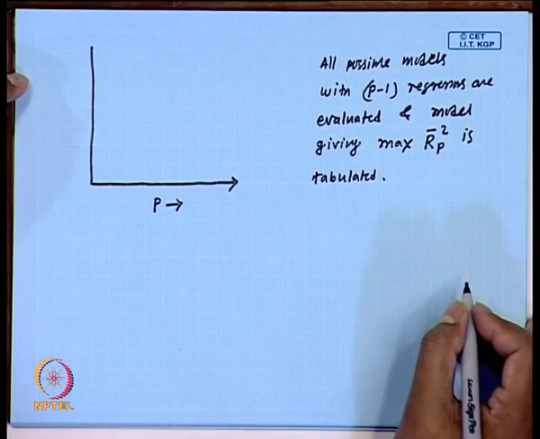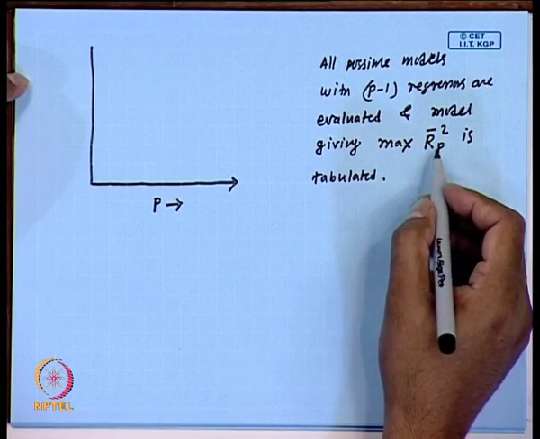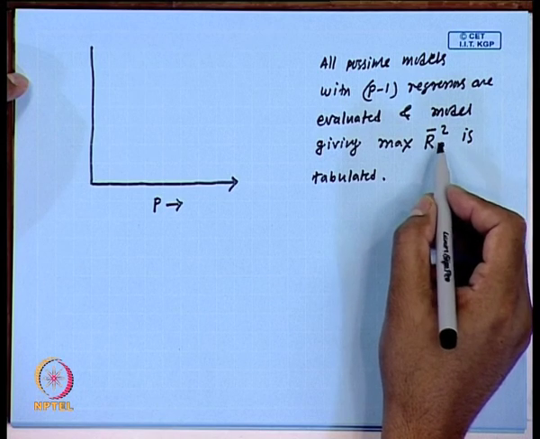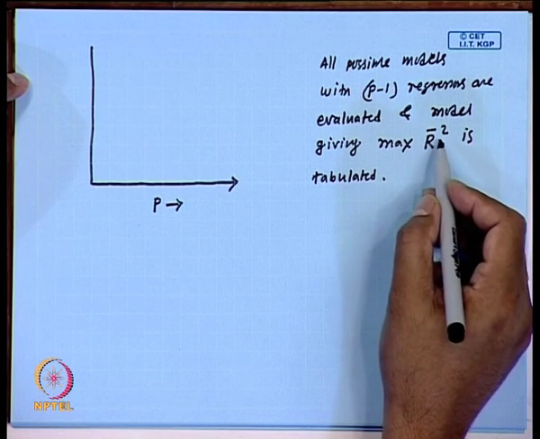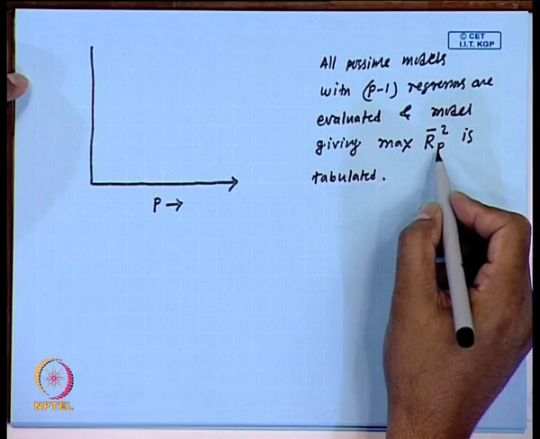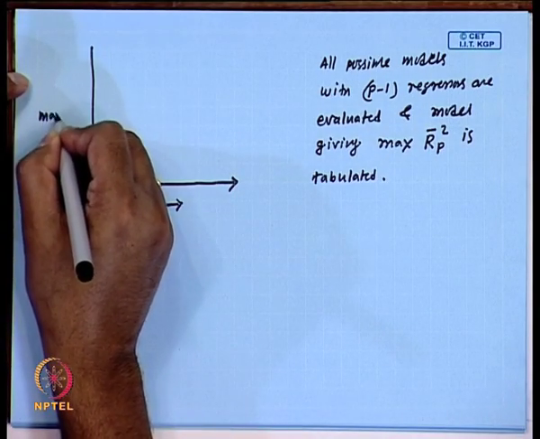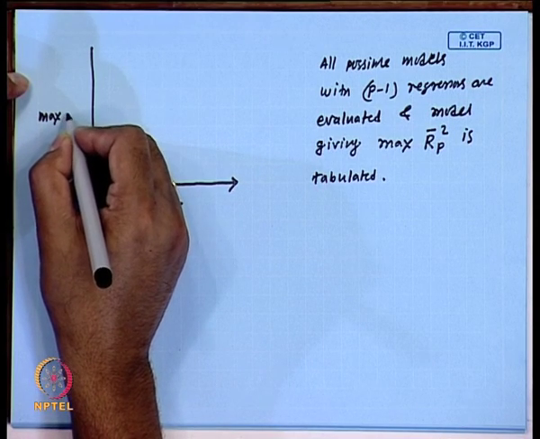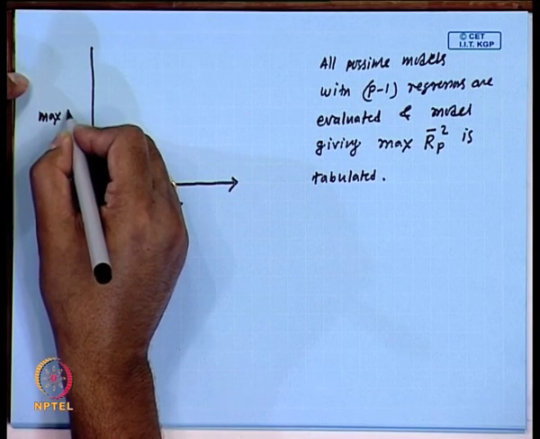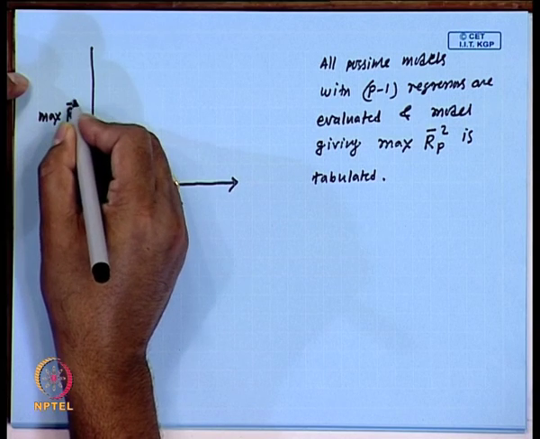So, of course, a higher value of adjusted coefficient of multiple determination indicates a better fit. That is why we consider the maximum value from each class of R p bar square.